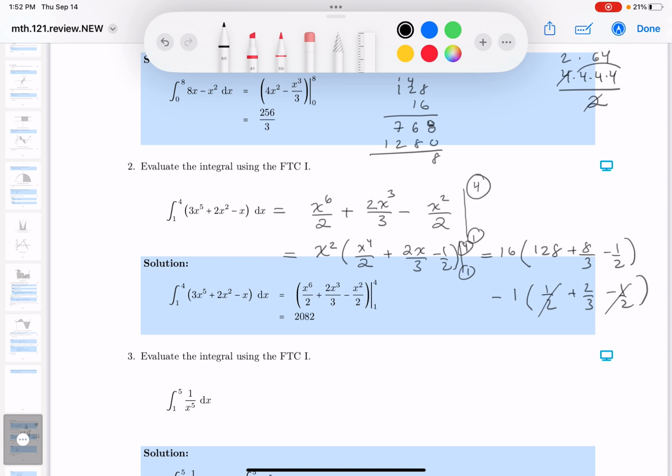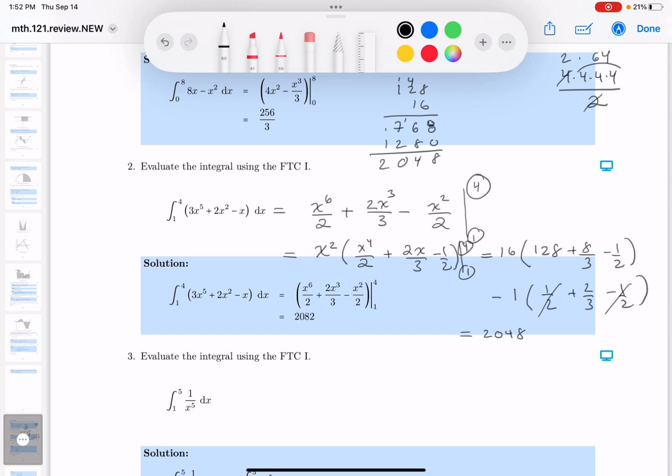You get 8. Let's see, 8 and 6 is going to be 14. Let's see, 7, 8, 9, 10. And you get to carry the 1, 2048. Computer science students may recognize these things as powers of 2, and they really are, because 16 is a power of 2 and 128 is a power of 2.